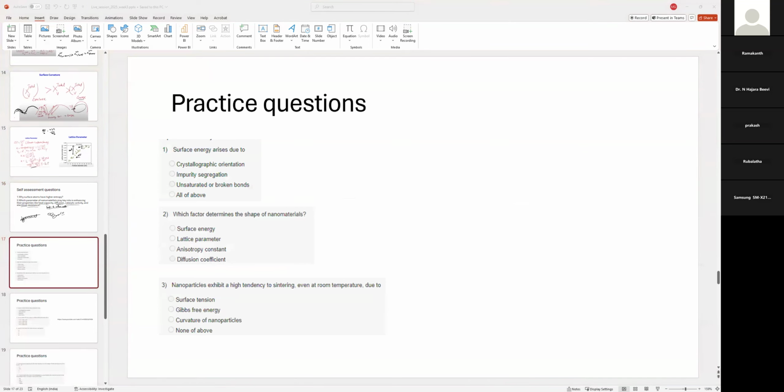So we have some practice questions. Surface energy arises due to the number of broken bonds on the surface.